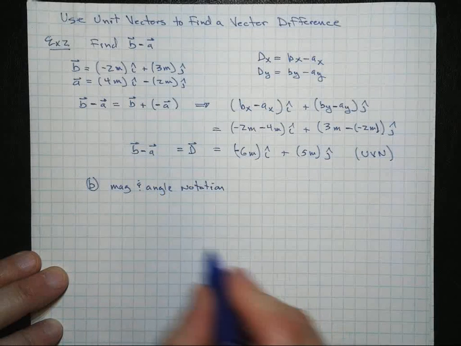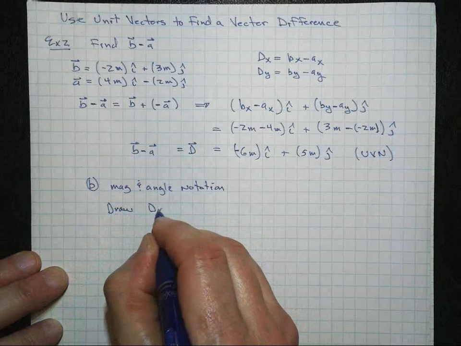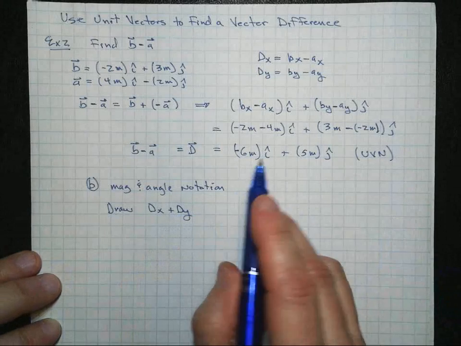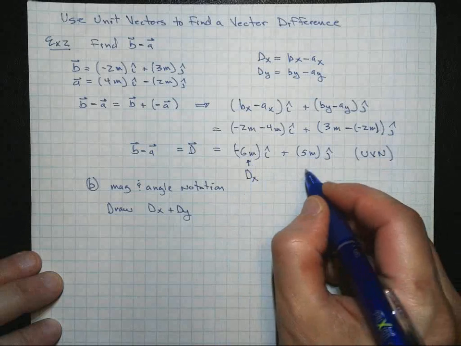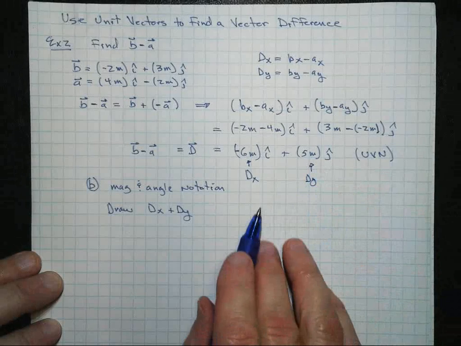So we're going to have to draw, as we did before, dx plus dy, head to tail. Here's dx, minus 6. Here's dy, plus 5. So let's make it happen.